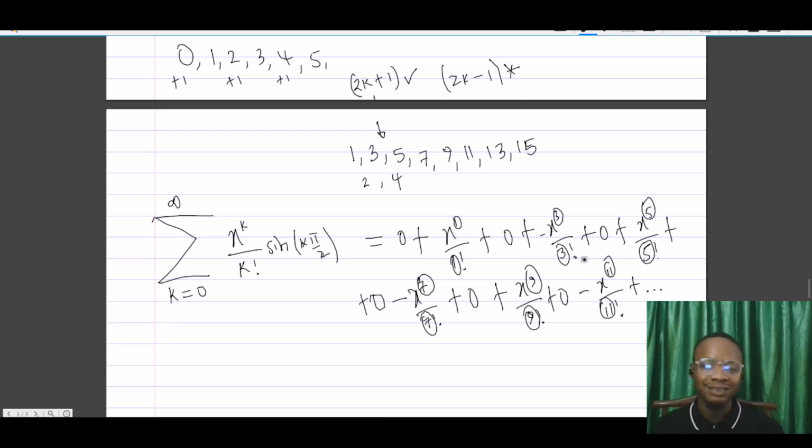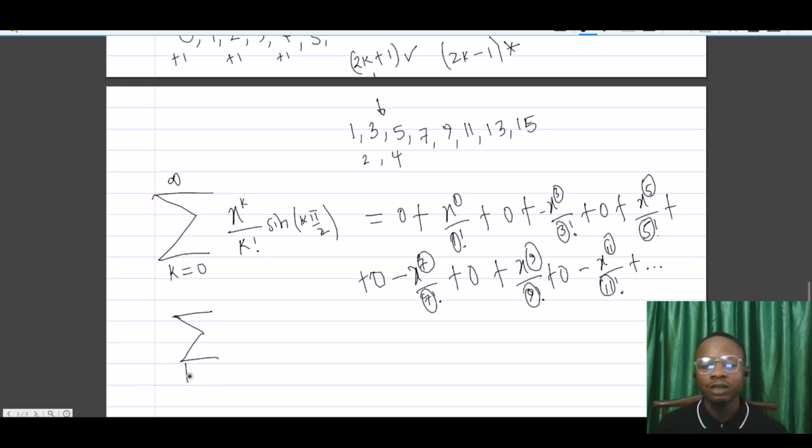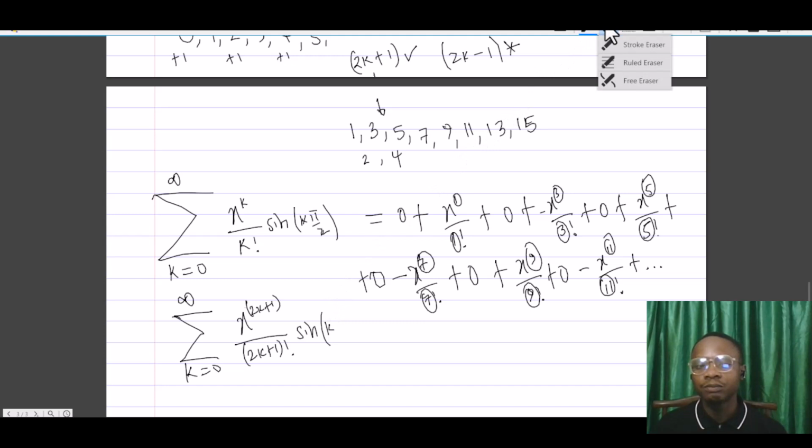So that is the idea. That means that now if we had used this result, for instance, k equal to 0 to infinity, and then x to the power of 2k plus 1 divided by 2k plus 1 factorial, then multiply by the sine of this time around also, this will be 2k plus 1.